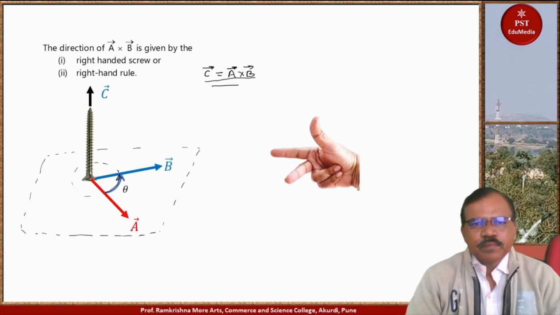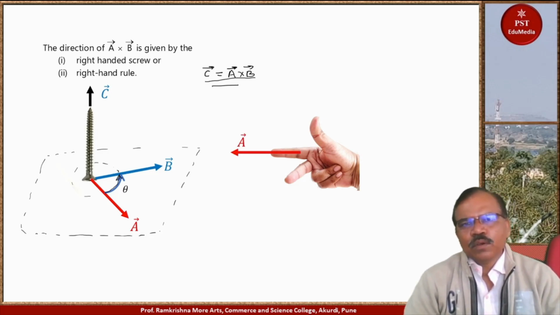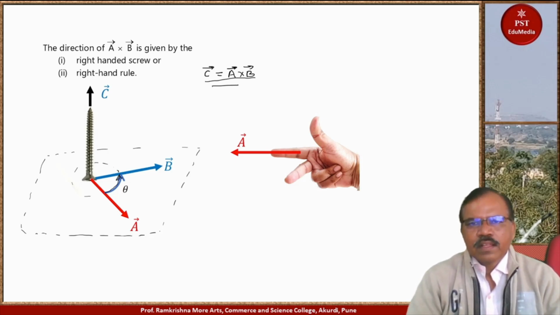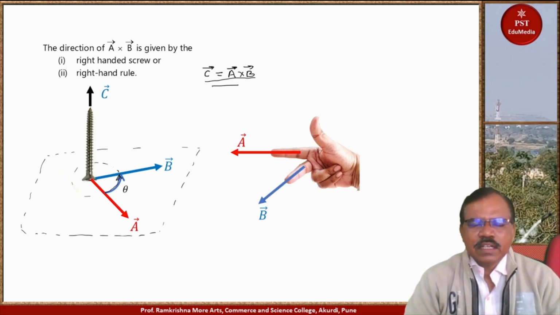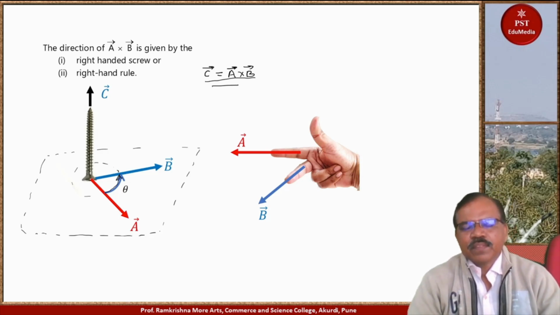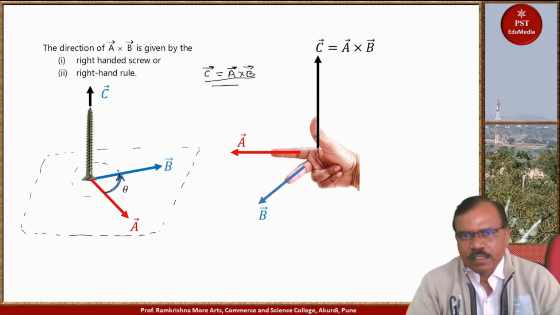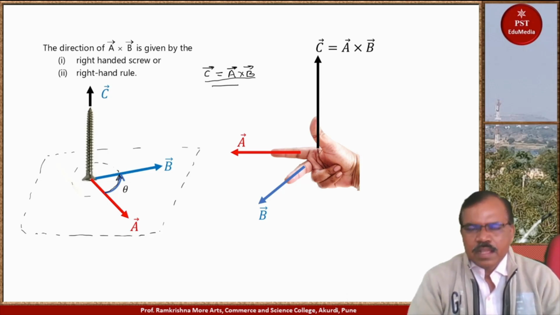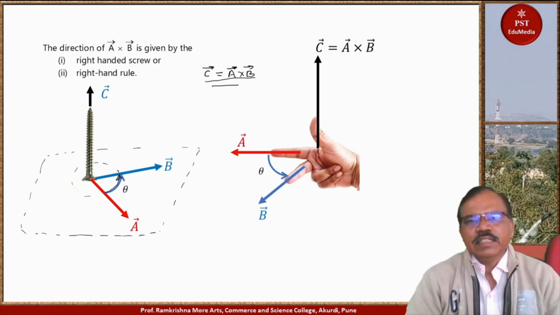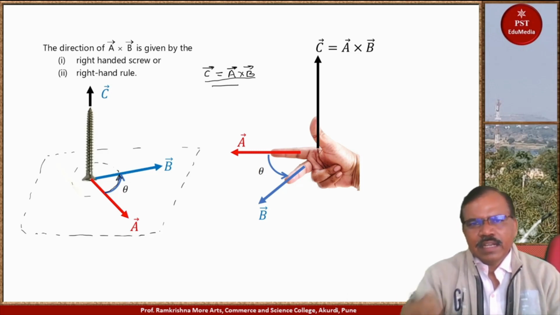Now here along the forefinger we have vector A, along this finger we have vector B, then vector C is along the stretched thumb. And here this is theta, and it is again counterclockwise.